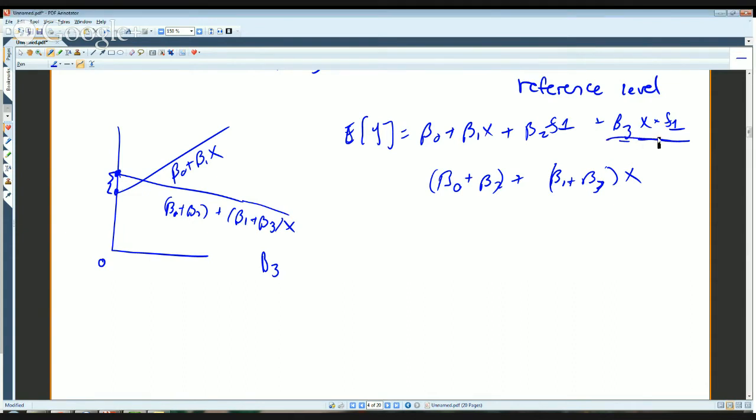This interaction right here would be interpreted as the change in the slope. Now, if you had other variables, it would be the same interpretation, but holding the other variables constant. So that's one example of interpreting an interaction when you have two lines.